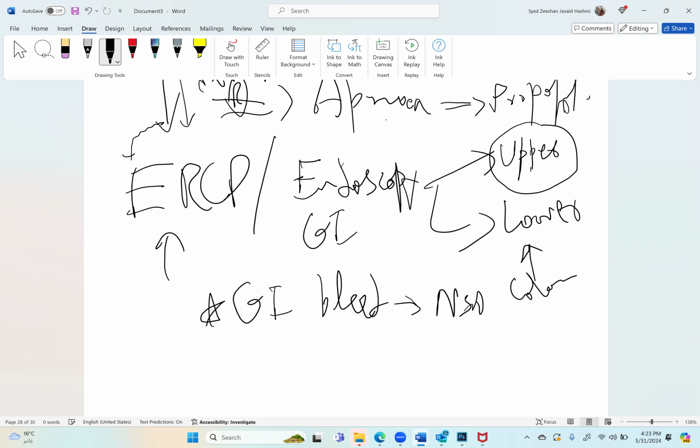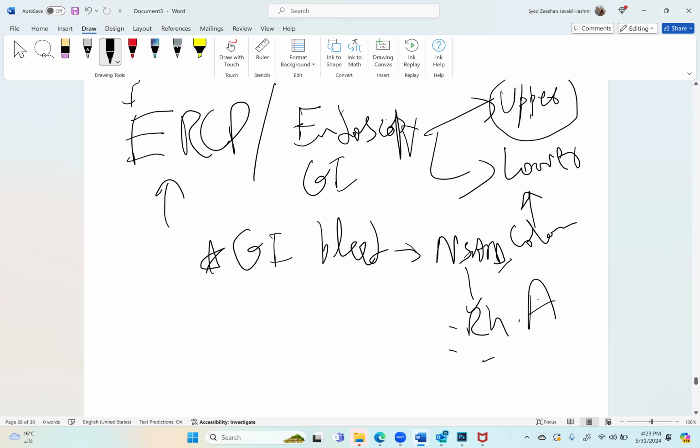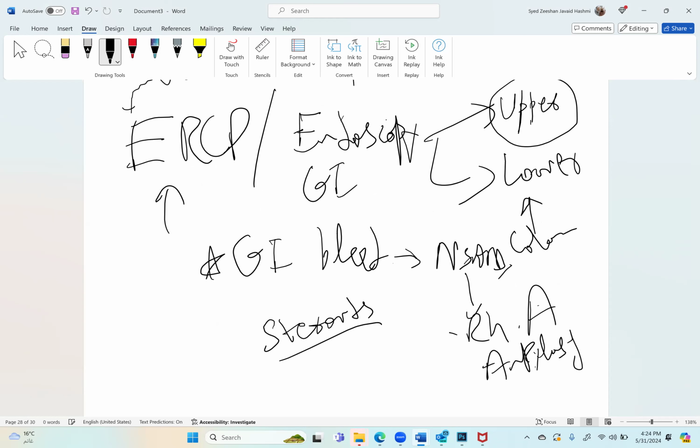Maybe NSAIDs, because of some rheumatic disease, rheumatoid arthritis, or ankylosing spondylitis, or any reason in which the patient is taking steroids.